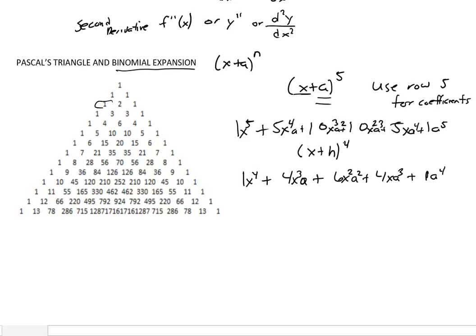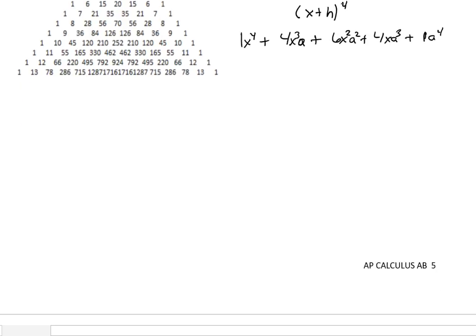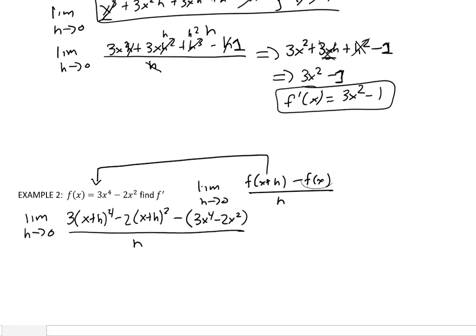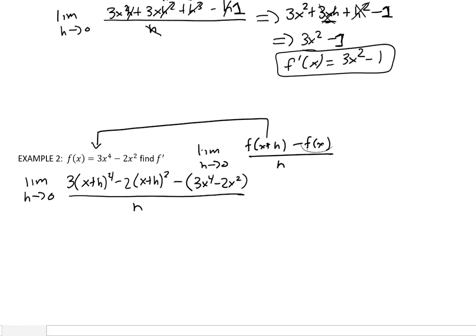So row 4 is 1, 4, 6, 4, 1, and row 2 is 1, 2, 1. So let's go back down here, and we have our 1, 4, 6, 4, 1, and 1, 2, 1. Now I'm going to expand. It's going to be 3 times that, and it's going to be 2 times that. I don't want to forget that.